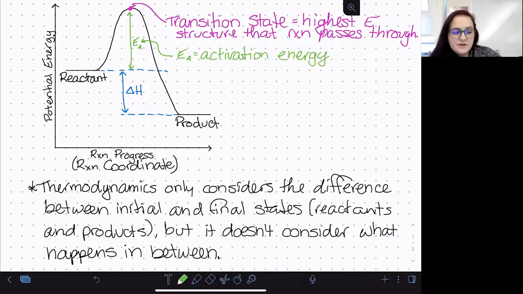So the activation energy can be thought of as the minimum amount of energy to get a reaction started.